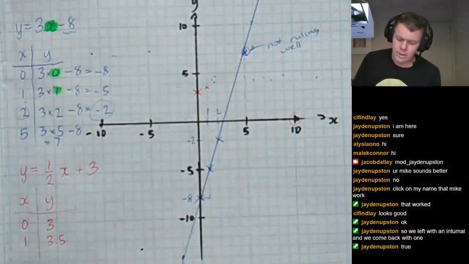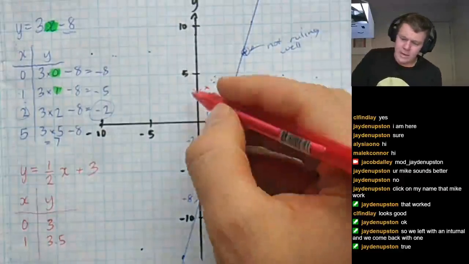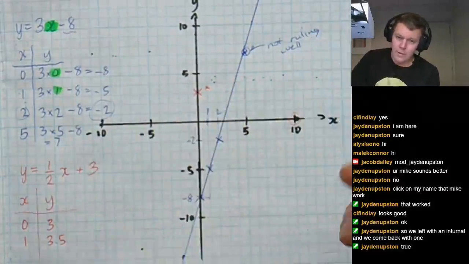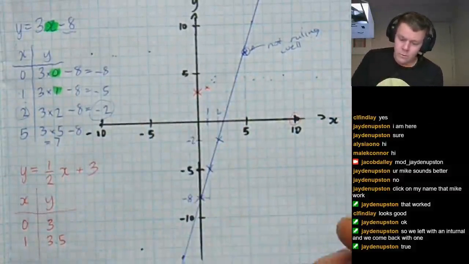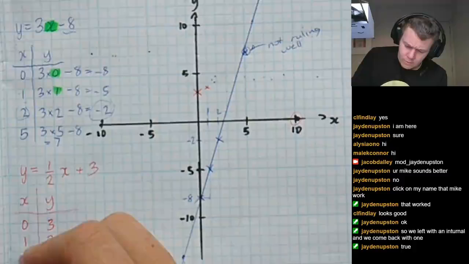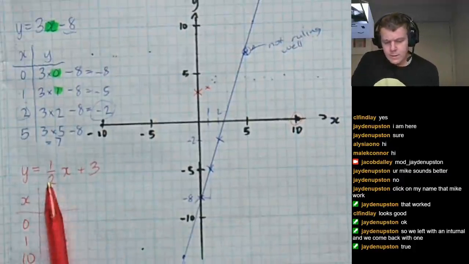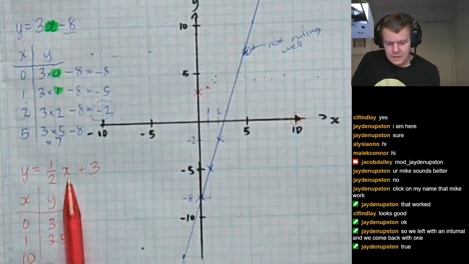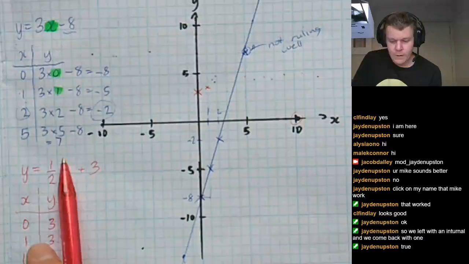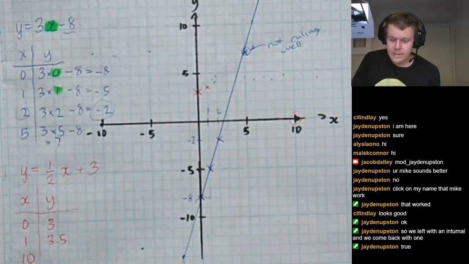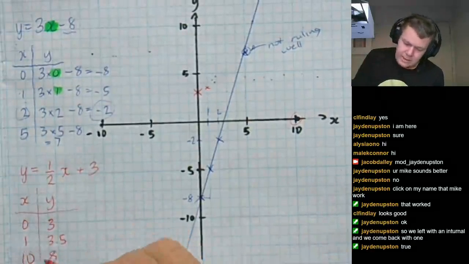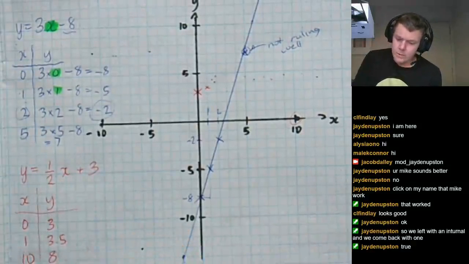So let's try x equals 10 so we can get some points that are far enough apart that we can rule an accurate line through. When x equals 10, a half times 10 is 5, plus 3 makes 8. So when x equals 10, y equals 8.